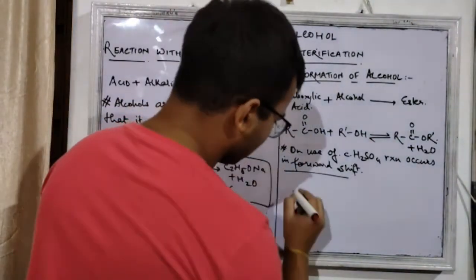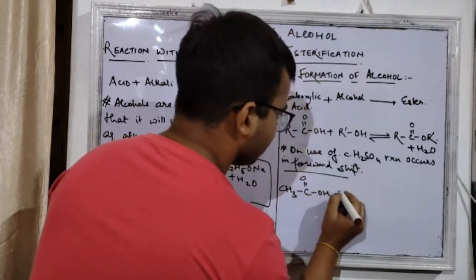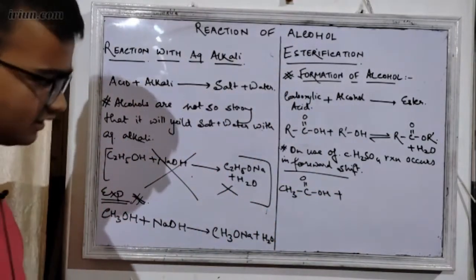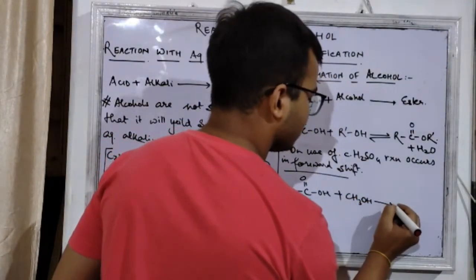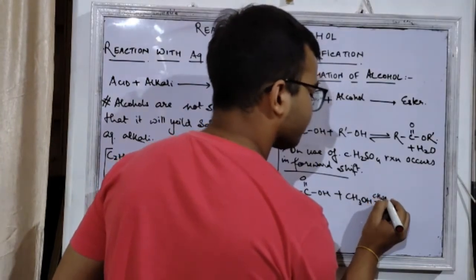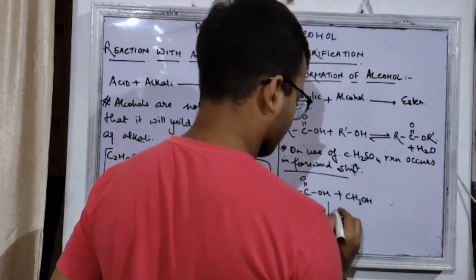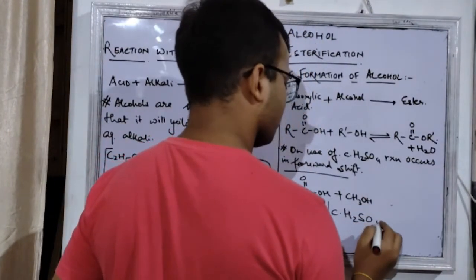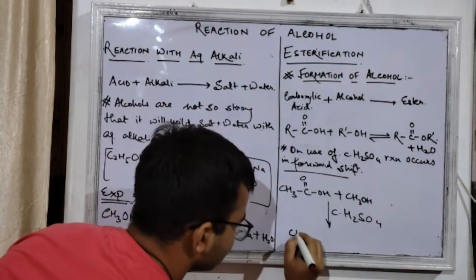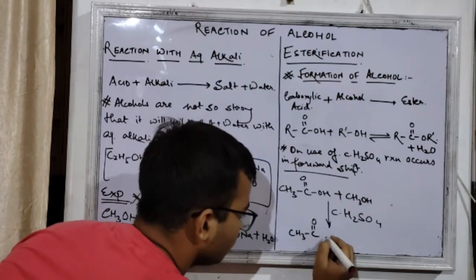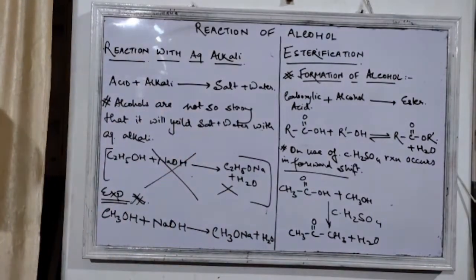If you take CH3 C double bond O single bond OH plus any alcohol, let us take methyl alcohol, CH3OH, and when you take concentrated H2SO4, it will give you CH3 C double bond O OCH3 plus H2O, right?